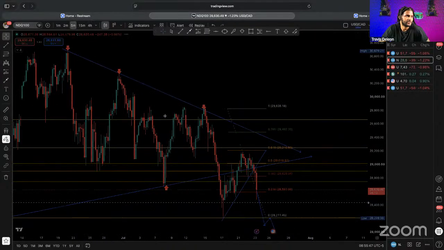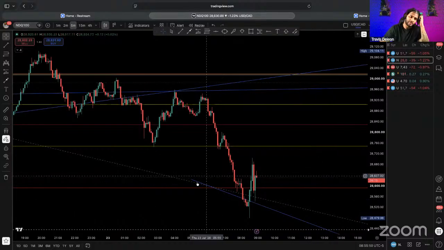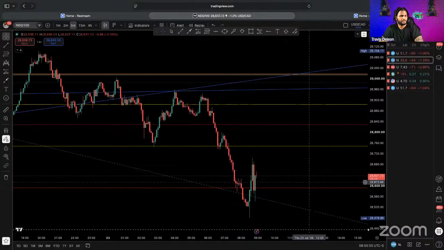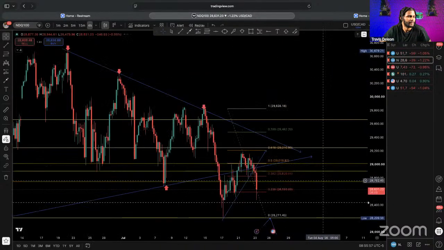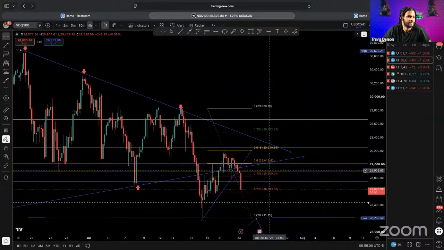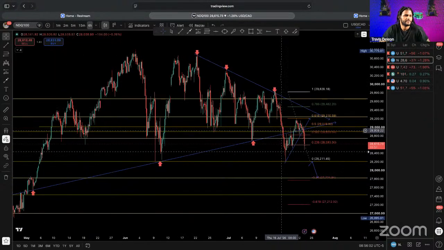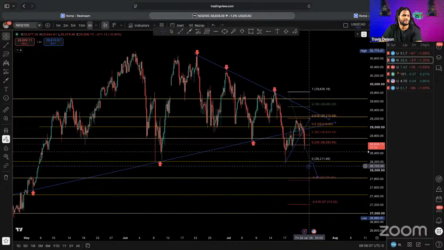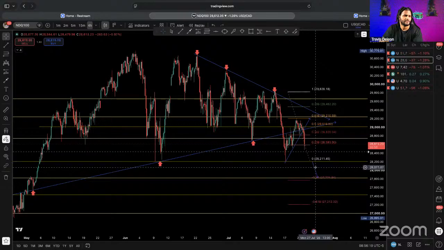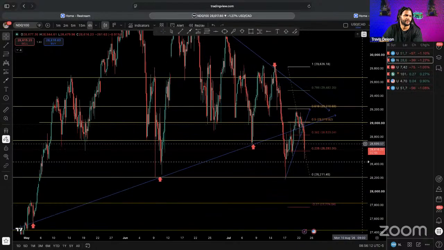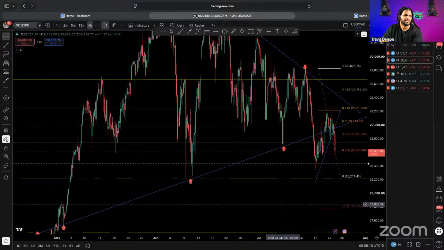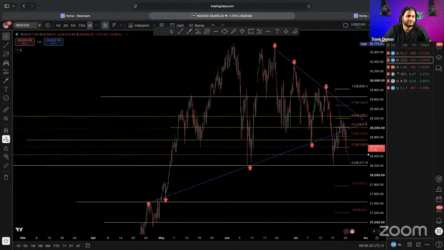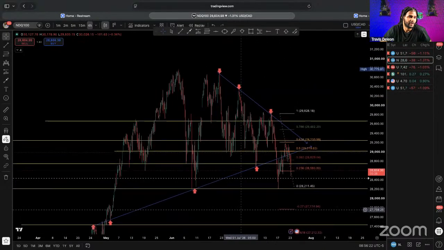That's NAS100 struggling down here. I want to say this: I saw this trade on US100 this week, where I think we should continue way lower.